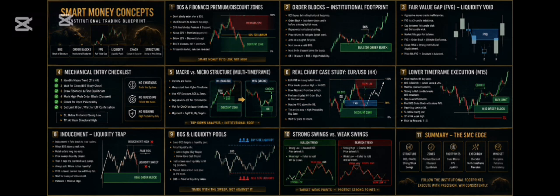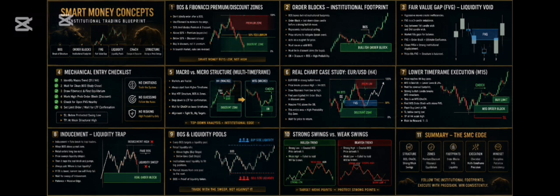When a break of structure occurs, it leaves behind specific areas where large orders were filled. The most famous institutional footprint left behind is known as an order block. In a bullish trend, a bullish order block is the last consecutive down close candle.